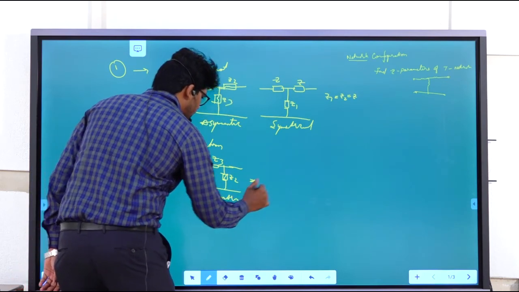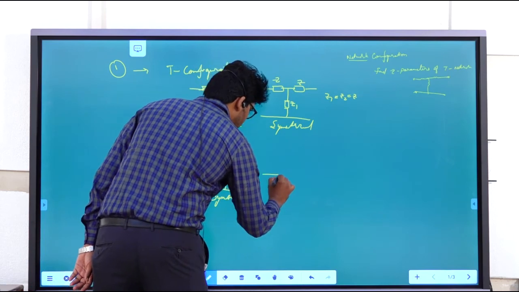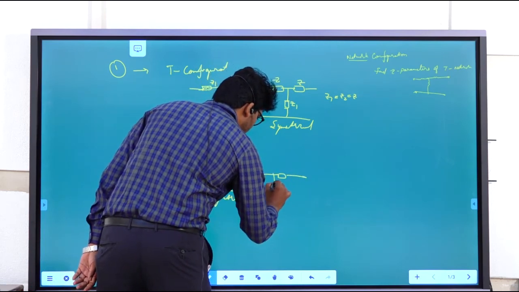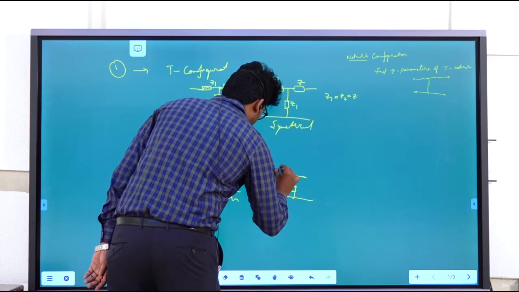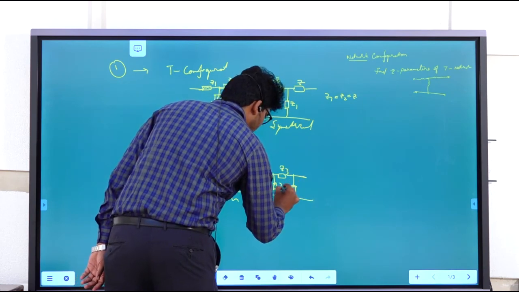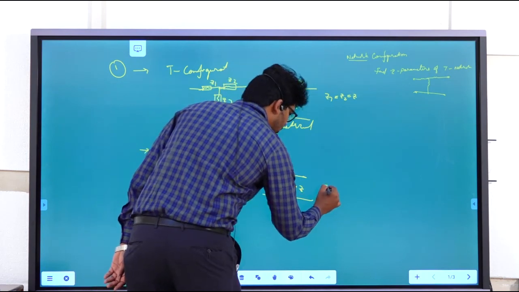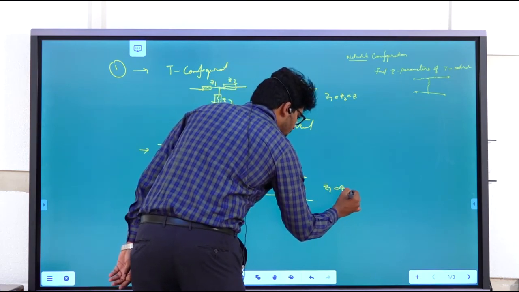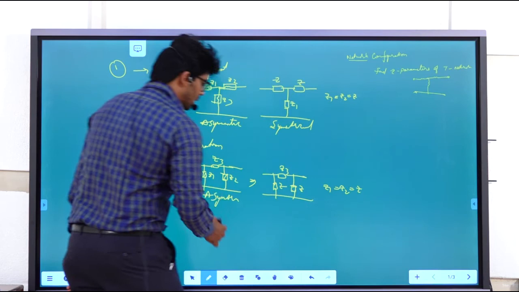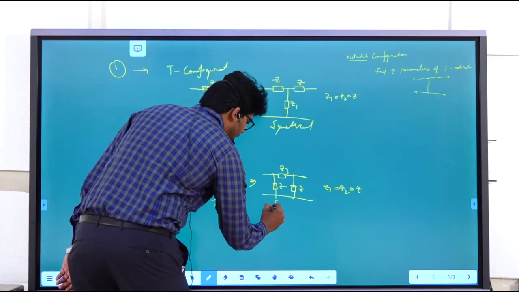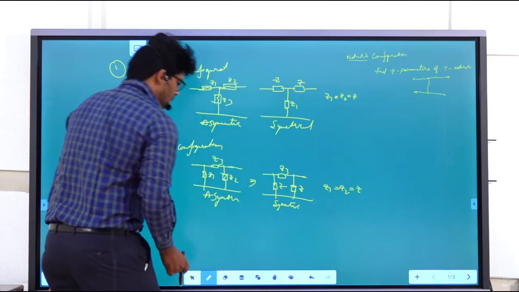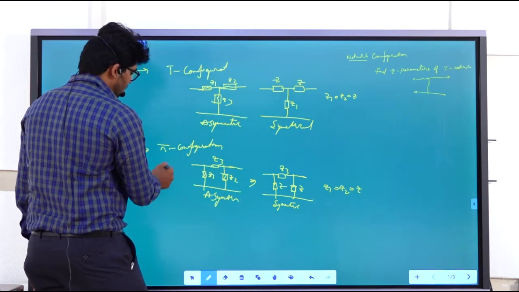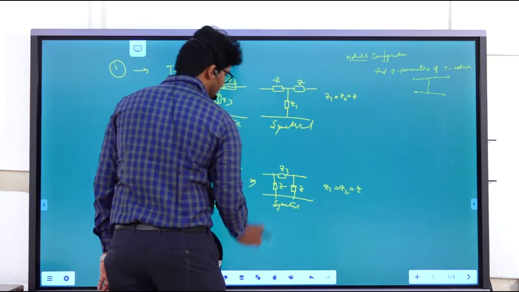If Z1 equals Z2, which I'm naming Z, and the third is Z3, then it is a symmetric pi network. So we have seen the T circuit and the pi circuit.